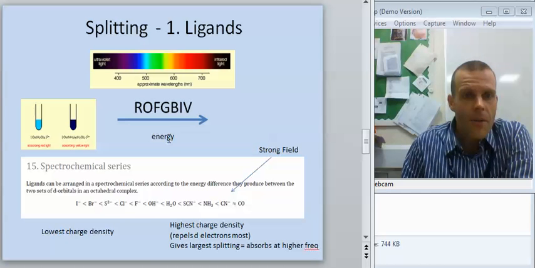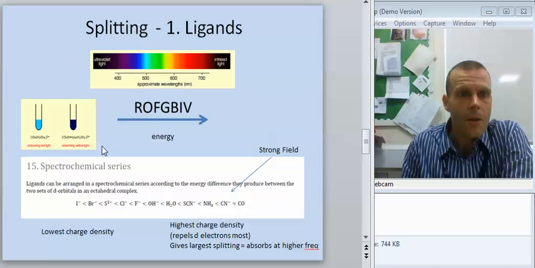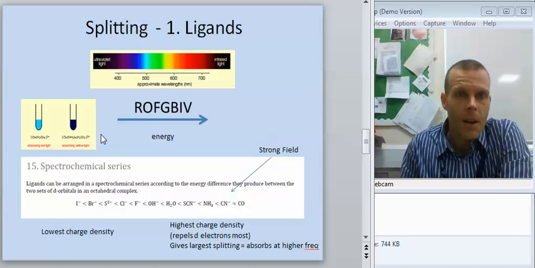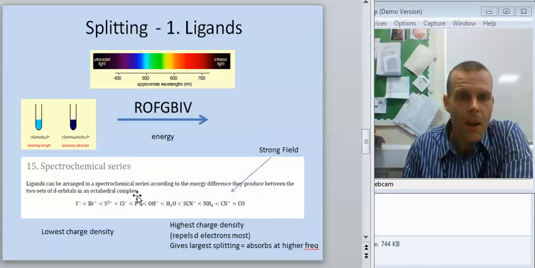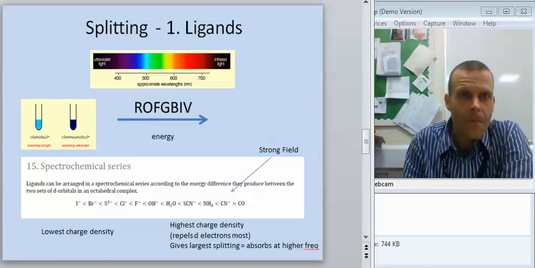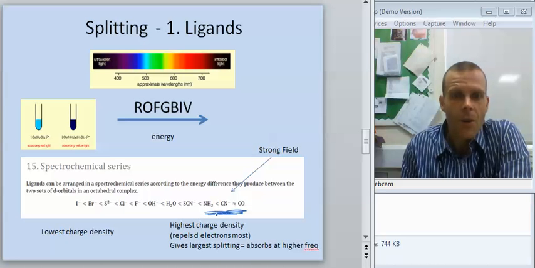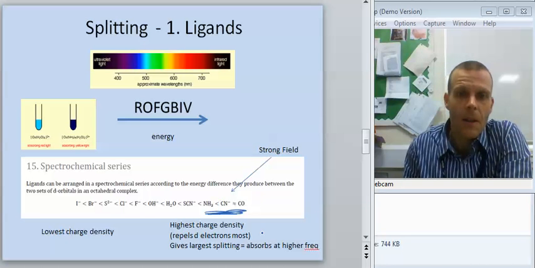The size of that splitting is obviously very important as to which color is observed, and there are a couple of factors that affect the size of that splitting. The first factor is the ligand. What is the ligand that's attached, and where is it in this spectrochemical series? Some substances, strong field ligands, cause a large splitting, a bigger d-d splitting.